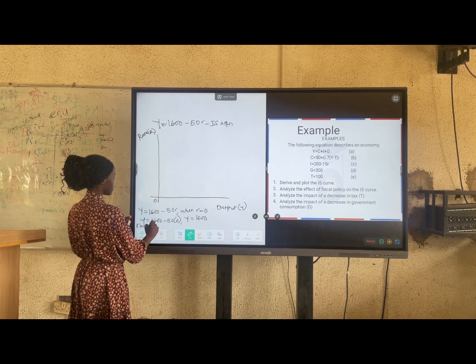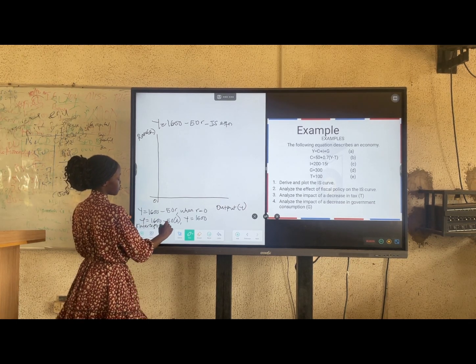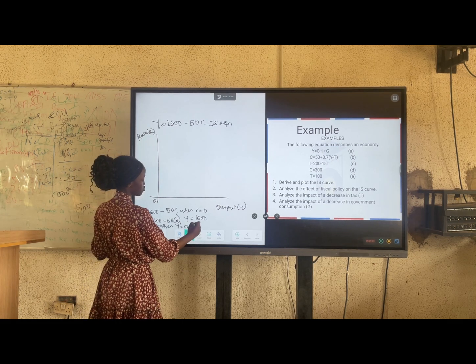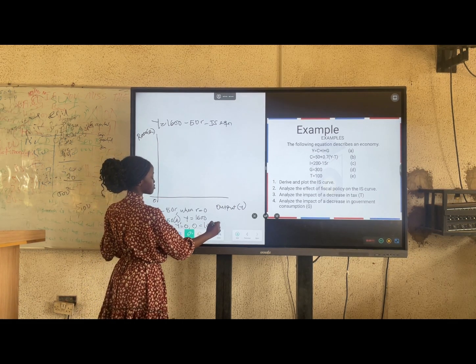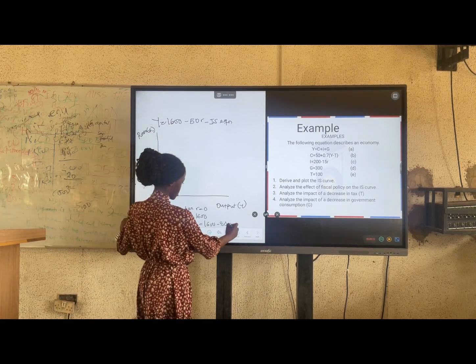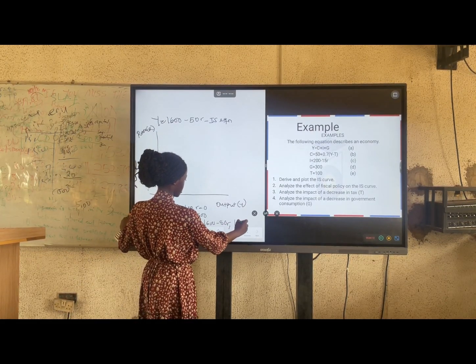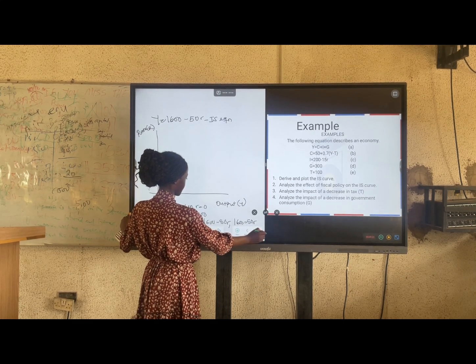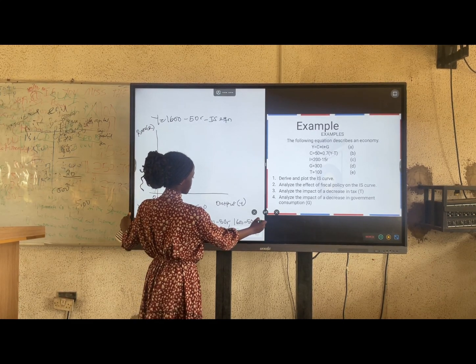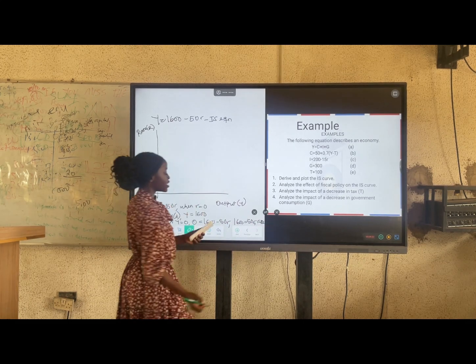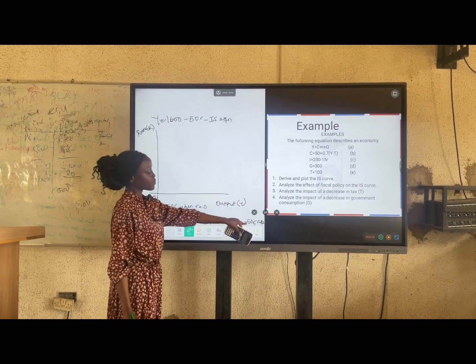The r-intercept when y is 0. Here I just did 1 6 divided by 50.